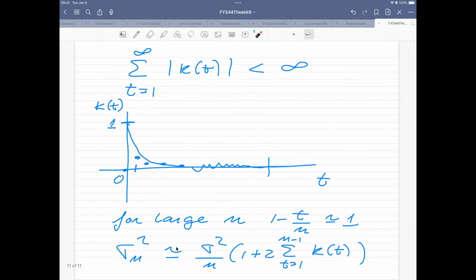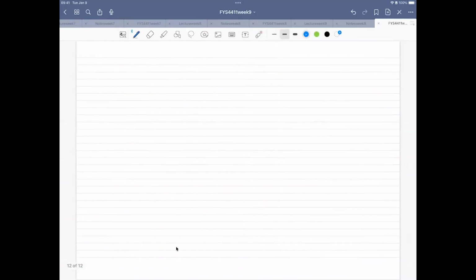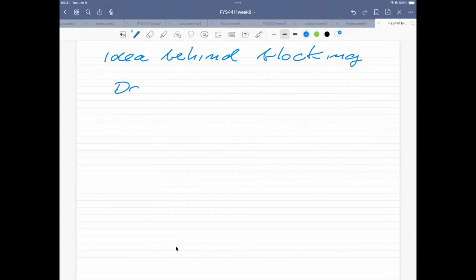So let's just set up some of the basic ingredients of the blocking method. The idea behind blocking is that we don't evaluate the covariance of x_i, x_j.